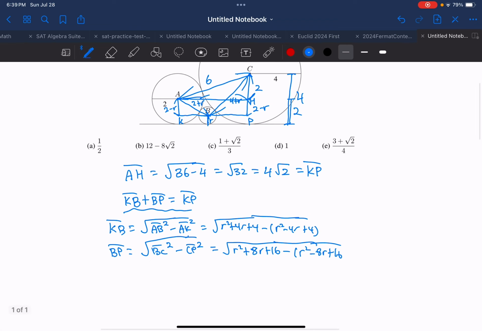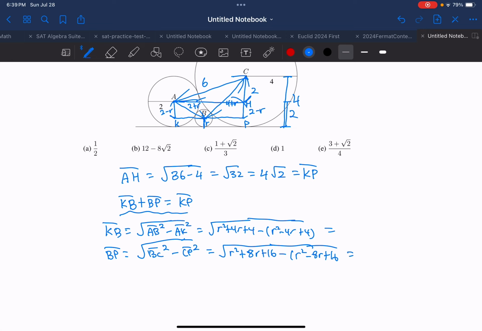So let's first simplify this even more. This simplifies to: r squared gets cancelled and 4 gets cancelled. So we are left with 8r. And here, again, r squared cancelled and 16 cancelled, and we are left with root 16r.